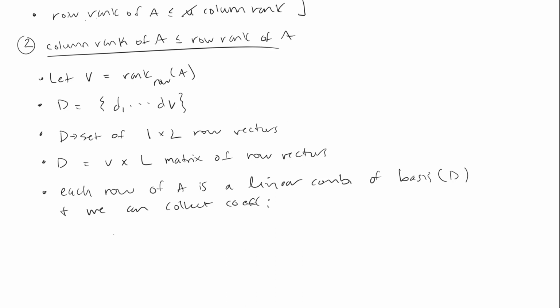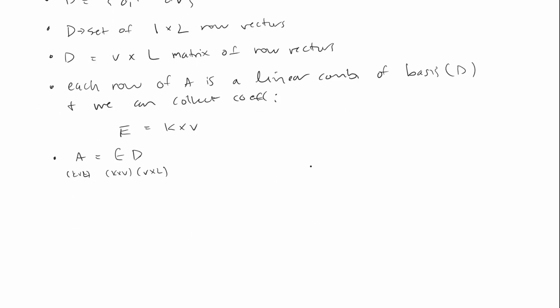I'm going to call it E, which is a K by V matrix, such that A is equal to E times D, right? Because A is K by L, and E is K by V, and D is V by L, so the dimensions match up.